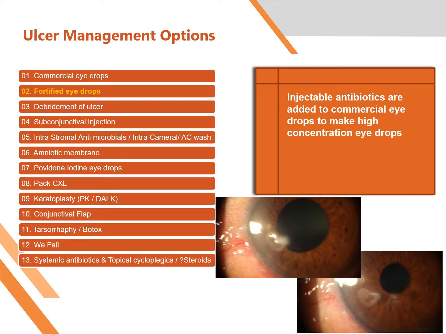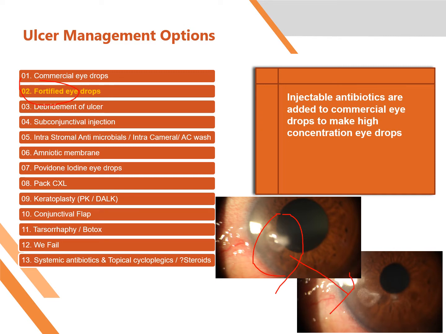If the commercially available eye drops, whether antifungal or antibacterial, don't work, then we go for the fortified eye drops. What are fortified eye drops? This patient had an ulcer which was not responding, so we made fortified eye drops, and the ulcer healed.